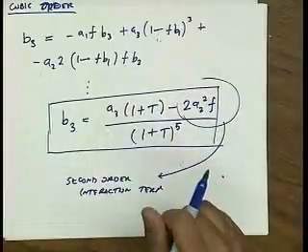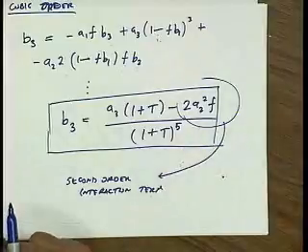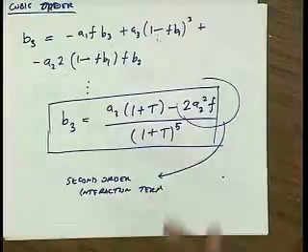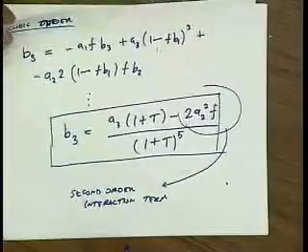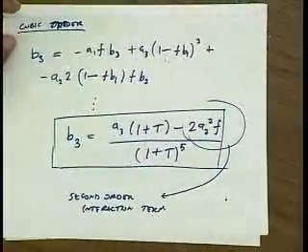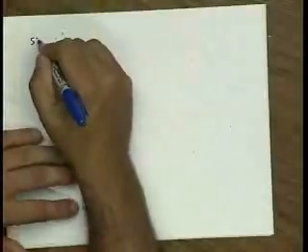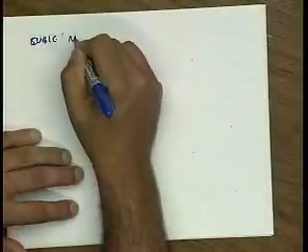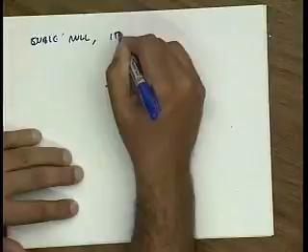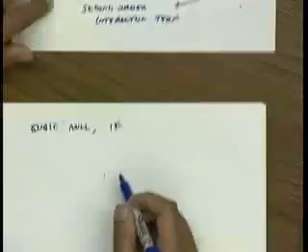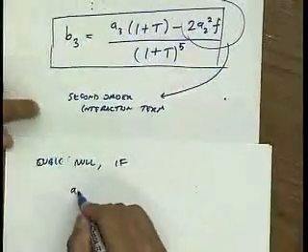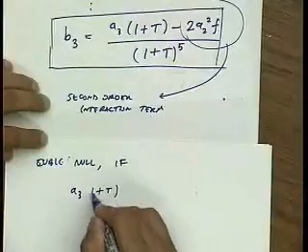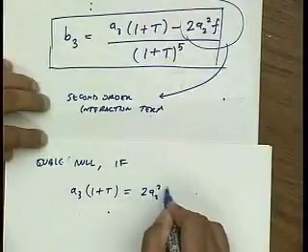But it actually can be done, and it's a good idea if you can somehow do it dynamically. It's a good research topic. Okay. So the observation is I can get basically a cubic null if the numerator here goes to 0, or A3 times 1 plus T is equal to 2 A2 squared F.